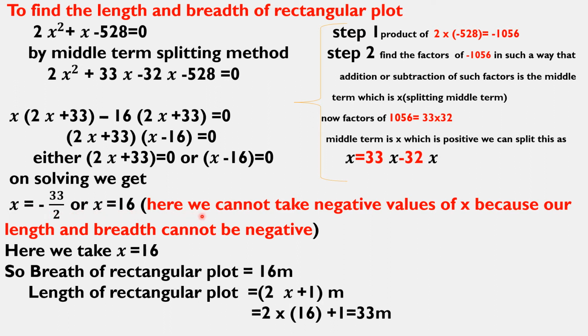Here we cannot take the negative value of x because length and breadth cannot be negative. So we take x equals 16. So the breadth of the rectangular plot is equal to 16 meter, and the length of the rectangular plot is equal to 2x plus 1. We put the value of x here, so we get the value equal to 33 meter.